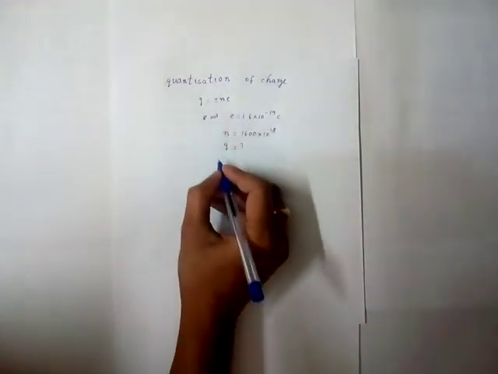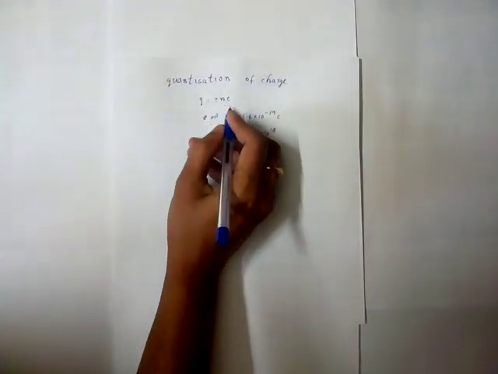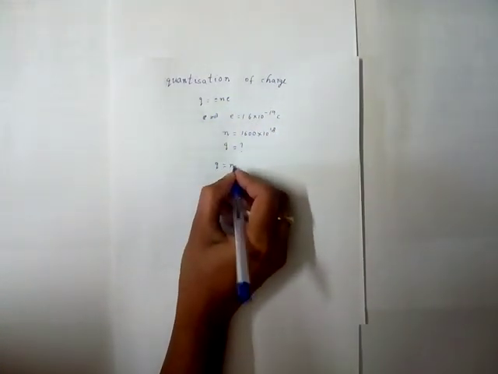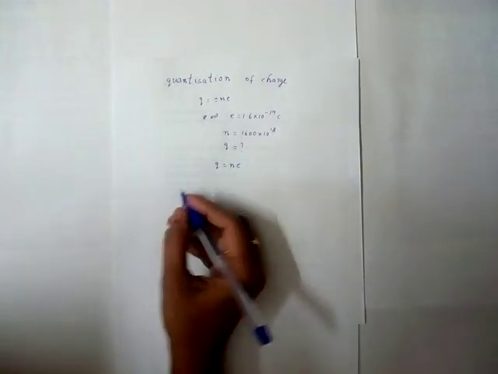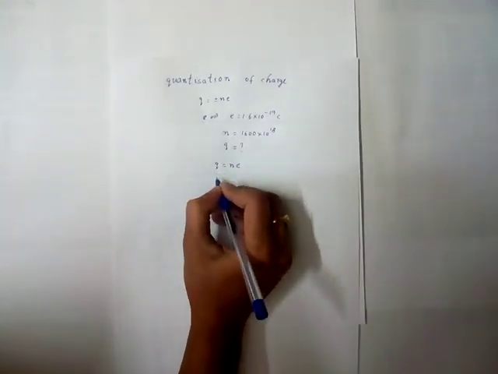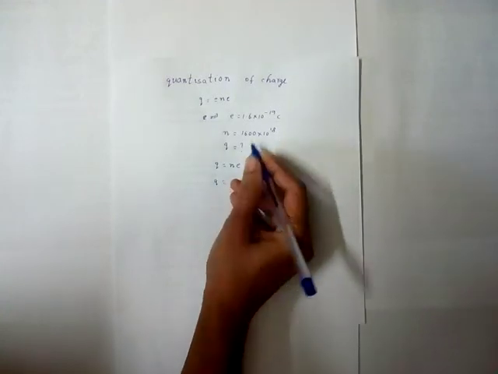Then the same formula, Q is equal to plus or minus Ne. You have to write the formula. Then the e value you know, the n value you know, you just need to find the Q value.